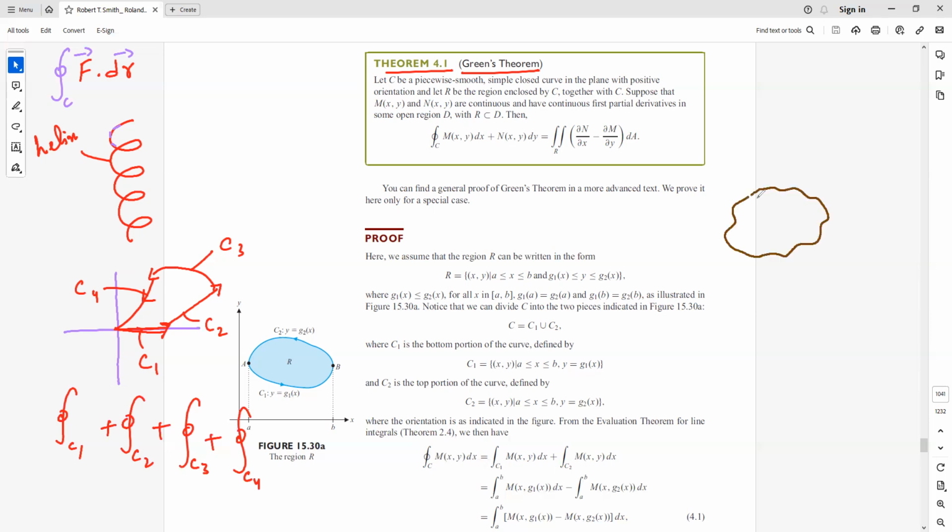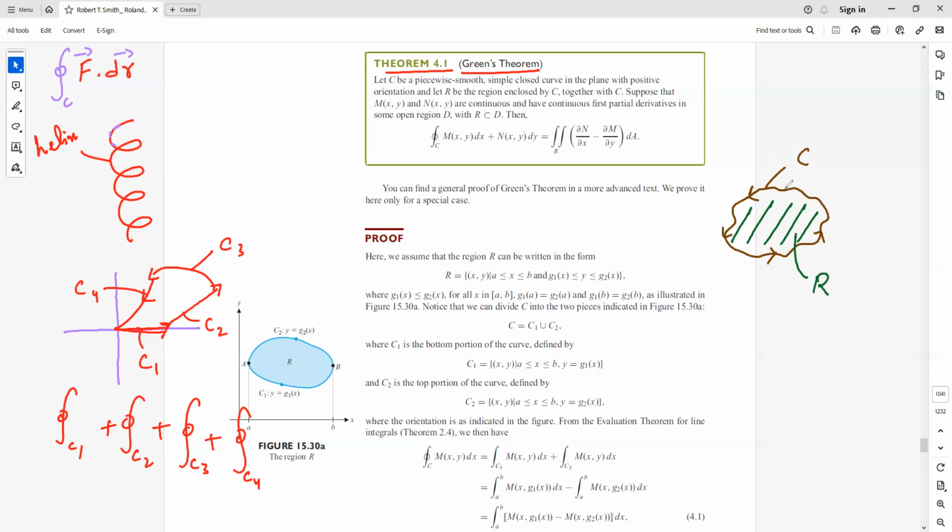That is, the curve is closed without any self-intersection, and we can give its orientation, for instance, in the counterclockwise direction, and let's call it curve C, and then we can see that it encloses a region inside, that we can call region R.